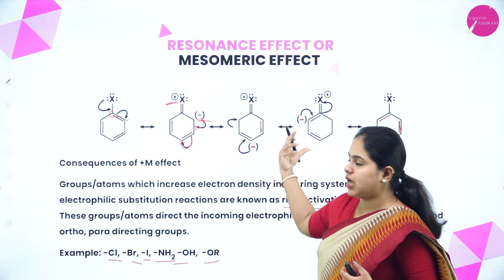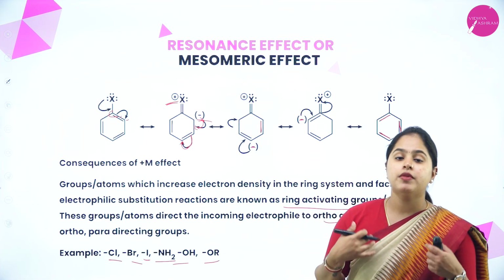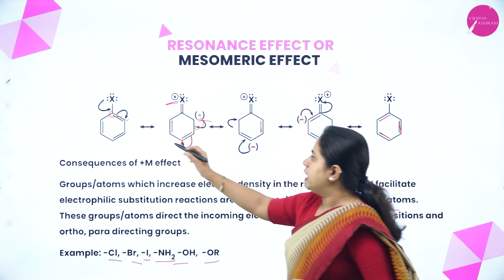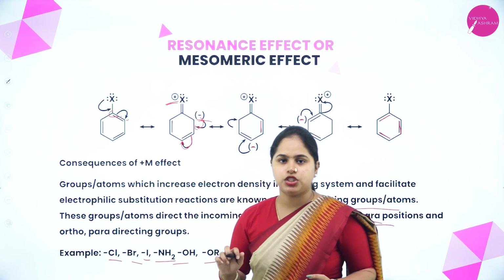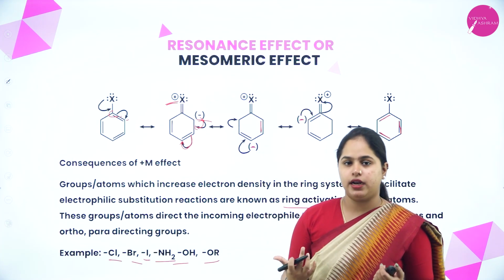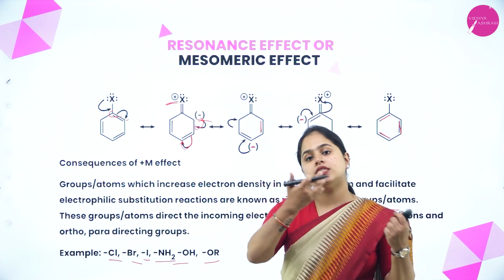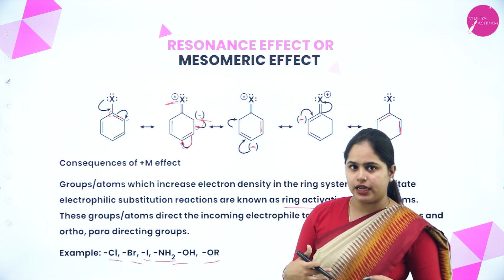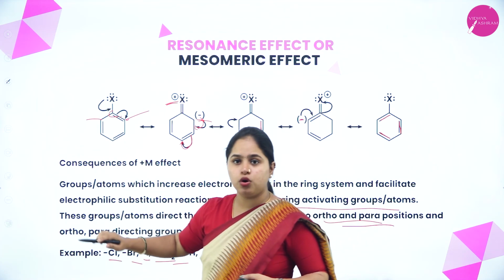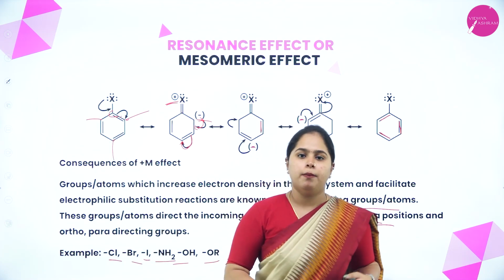So if in the benzene ring there is a halogen atom, that is chlorine, fluorine, bromine or iodine, they are ortho-para directing groups. That means if there is an incoming attacking reagent, it will be substituted either in the ortho position, that can be these two, or else in the para position.